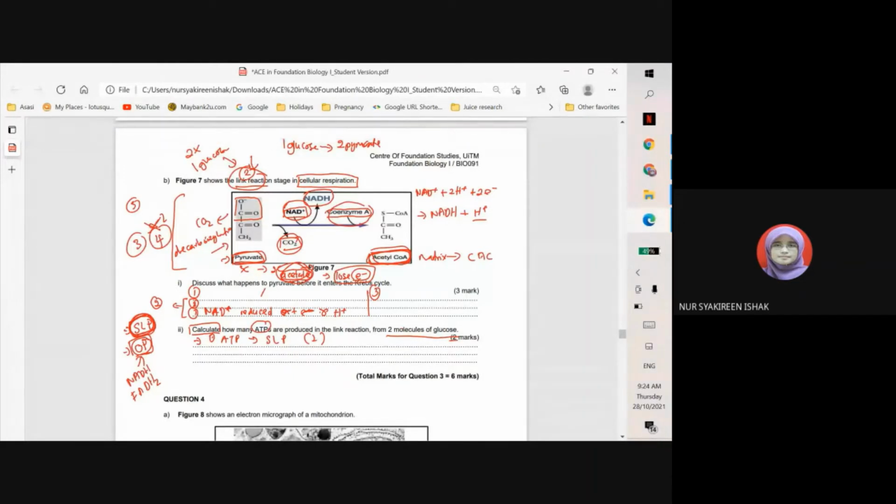how many NADH molecule are produced for 2 molecule of glucose. So maksudnya kat sini, apa jawapan kat saya, 2 NADH ya?